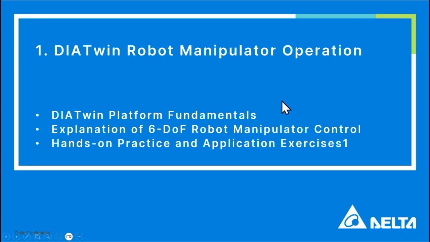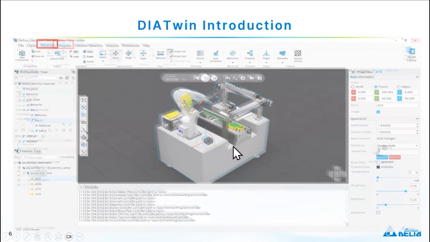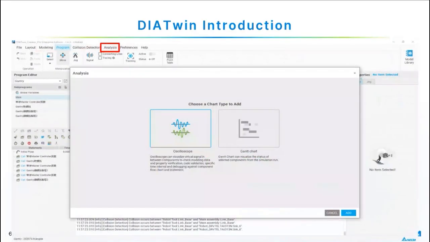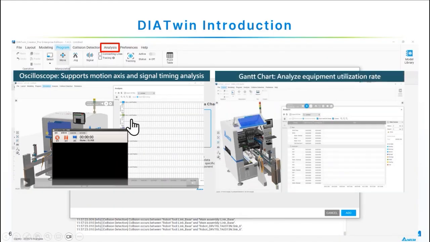Okay, let's go into the first one. I think we just finished the course yesterday, so we can quickly go through it. So this is the simple DIATwin instruction, and we do have this kind of analysis tool like the oscilloscope.